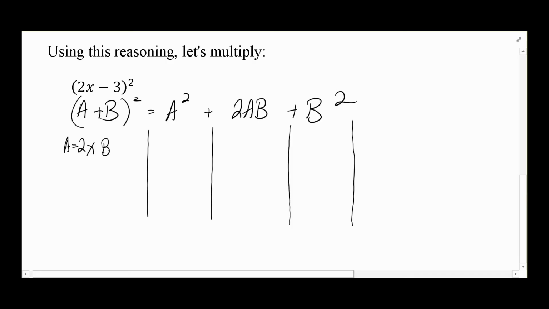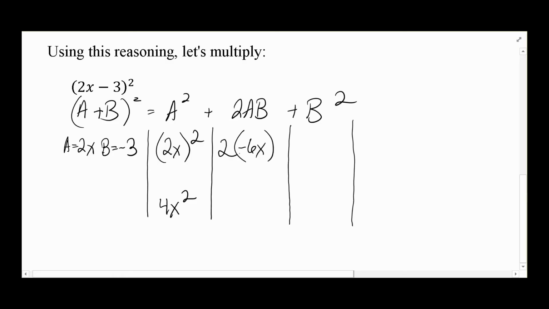So in our example here, our a value is 2x. Our b value is negative 3, because again, when there's a negative sign in a problem, that's just attached to the number after it. So when we go to our a squared area, that's our first term squared. If we take 2x and square it, that gets us 4x squared. For our middle area, if we multiply our two terms together, 2x times negative 3 is negative 6x.